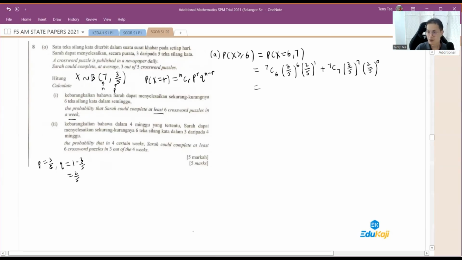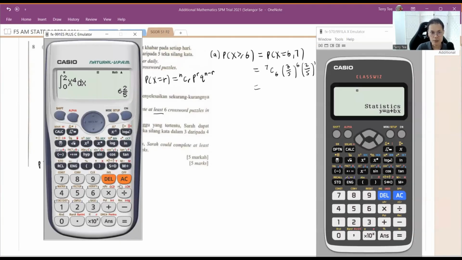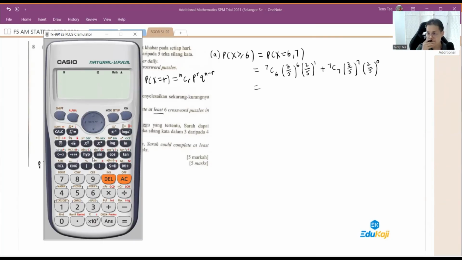You can choose to use your calculator normally if you want. But do you know that you can actually use this? This calculator is so good. I'll show you the standard way first, where you type it in the normal way using your calculator. You can even use the sum formula. For this calculator, we can actually use shift sum: 7Cx, instead of using r we use x, alpha x, then your probability of success is 3 over 5 power alpha x.